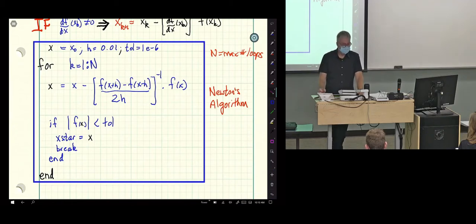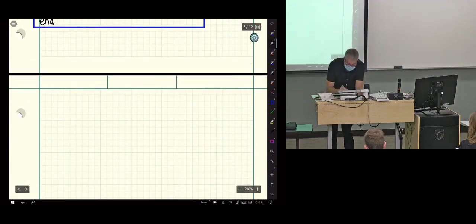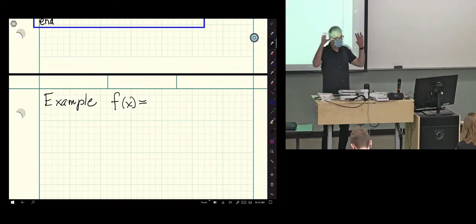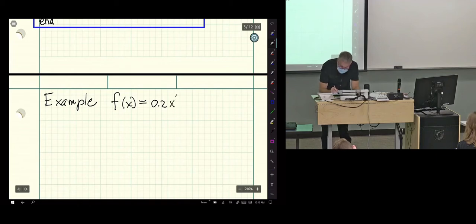No? Let's do an example, compare it to bisection then. So an example. This is the function that's written in the markdown box in the Julia homework, and then you're actually working with a different one, okay? So the one that's given in the Julia cell is the correct one to work with.